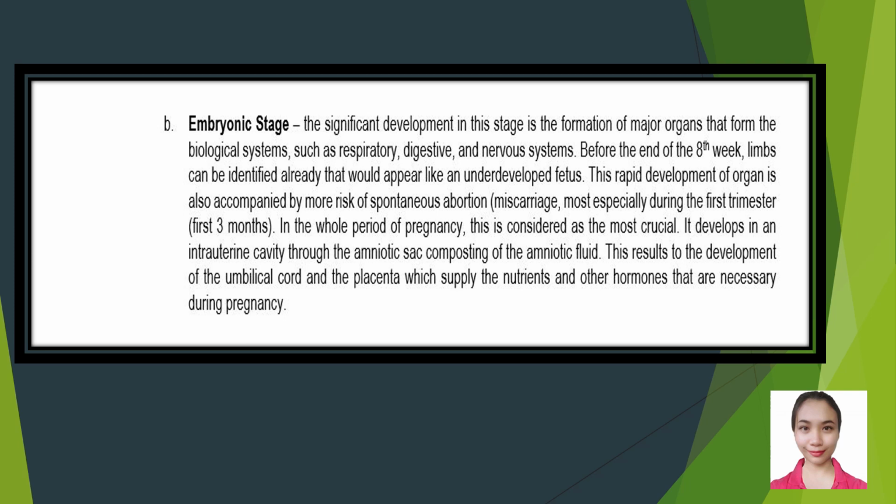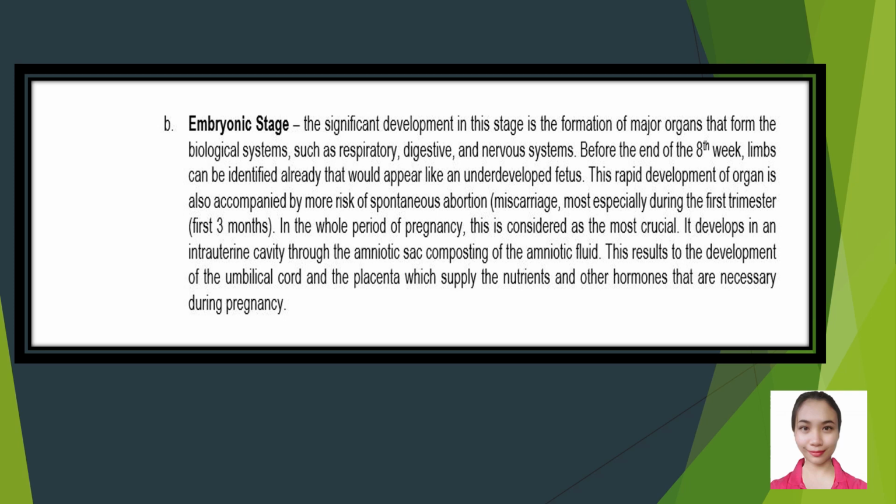fetus. This rapid development of organs is also accompanied by more risk of spontaneous abortion or yung tinatawag nating miscarriage. Most especially during the first trimester or yung first 3 months ng pregnancy. In the whole period of pregnancy, this is considered as the most crucial.